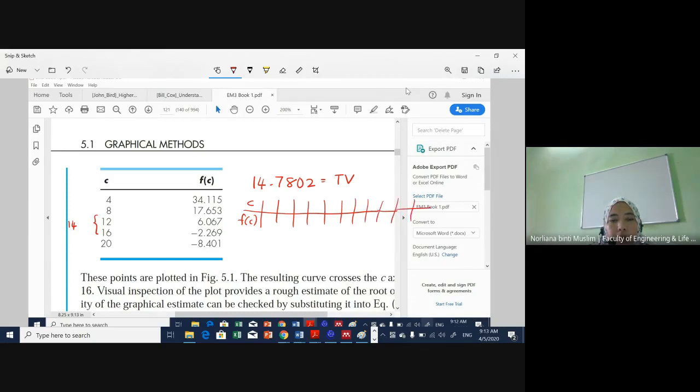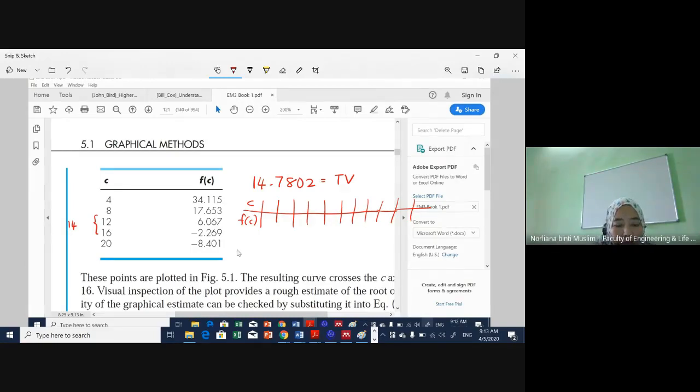You are supposed to choose C values. The true value 14.7802, you have to find out. How to solve it? If it's a linear equation, then you can key in the equation. For the nonlinear, you have to solve by letting FC equal to 0 and solve for C.